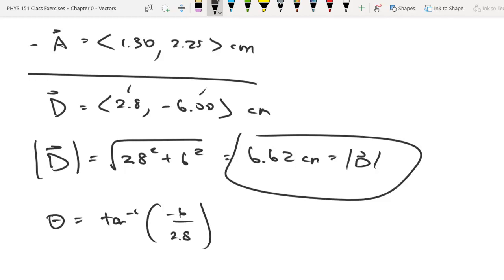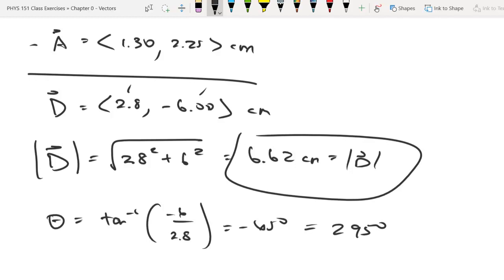So this is negative 65 degrees, which puts us in the fourth quadrant. Negative 65 degrees would be the exact same thing as 360 plus negative 65. So what does that put us at? 295 degrees, right? So 295 degrees.